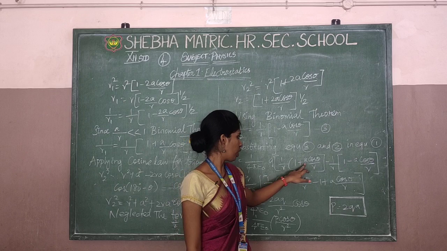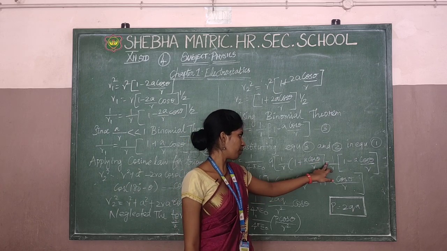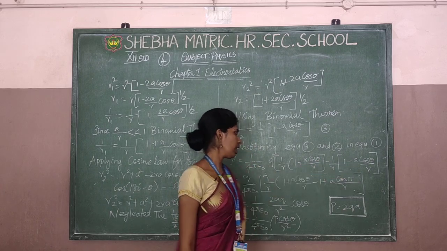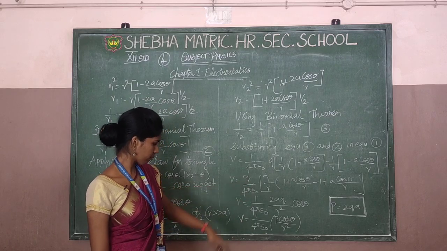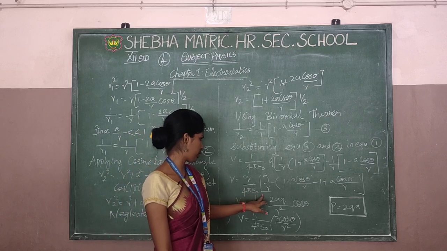In this formula we substitute the values of r1 and r2: 1 by r times 1 plus a cos theta divided by r, minus 1 by r times 1 minus a cos theta divided by r. So V is equal to q by 4 pi epsilon naught.